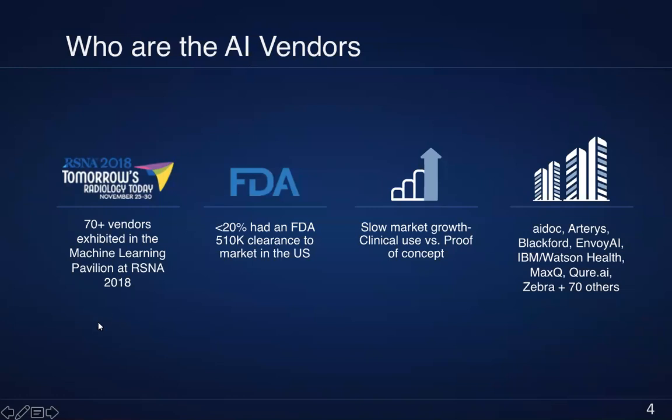So what that's led to is pretty much slow market growth. Mostly academic facilities are using it clinically, and non-academic facilities are using it as a proof of concept to see how things are going to work, and see how AI can provide a value add to their facility.